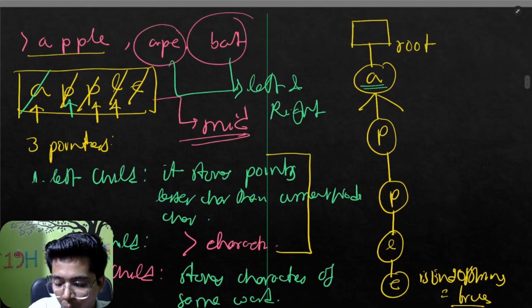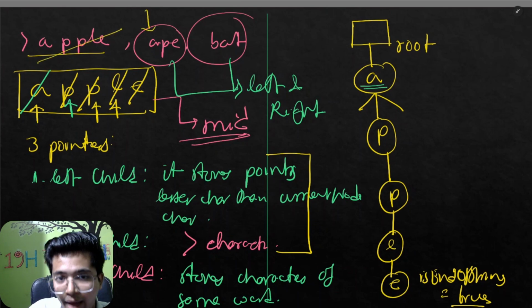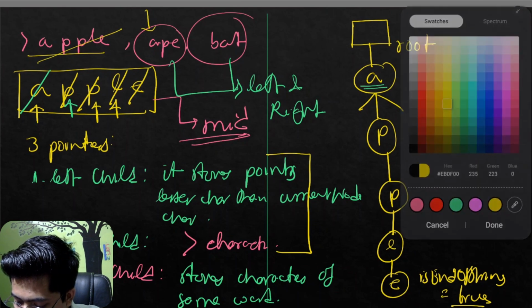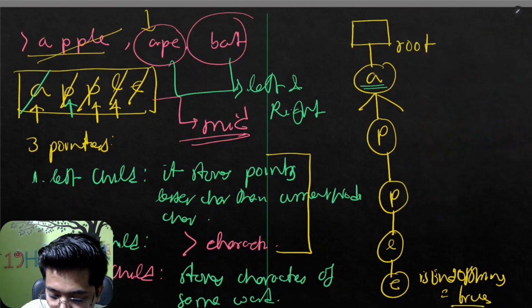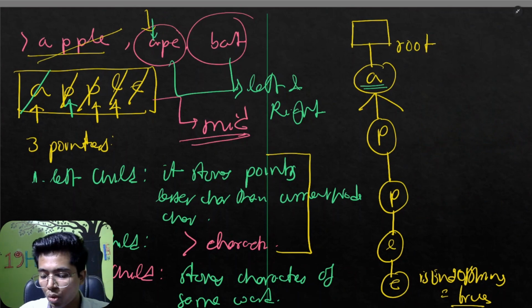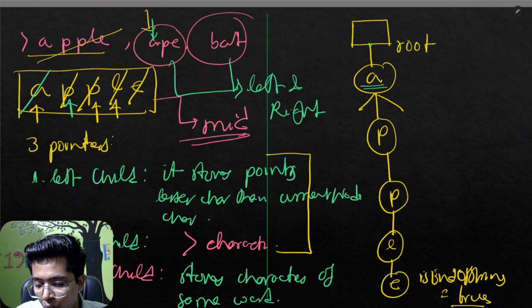Apple has been inserted. Now we come to the word app. Now we'll try to store this word app. Suppose our pointer is right now on A. We'll check from the root node if there is A somewhere, left, right or mid.